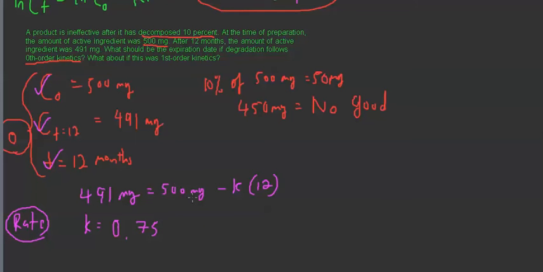The amount we're working with is milligrams, and time is months. So the rate of decay is going to be 0.75 milligrams per month. And generally, this is a negative process, so it should be negative k. But we're just going to leave it at k for now. Okay. So now we have k, right? Now the problem wants to know.